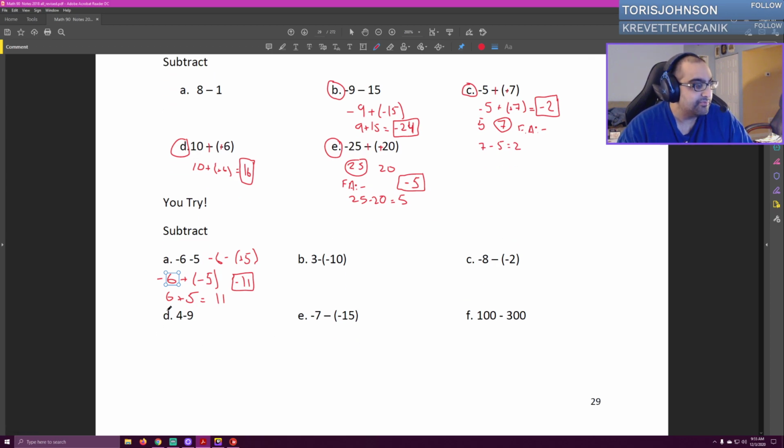So how about letter D then? How about letter D then? Okay. How can I rewrite letter D? That's how we found letter A, but now I want you to find letter D. 4 minus 9. How can I rewrite that in terms of addition?